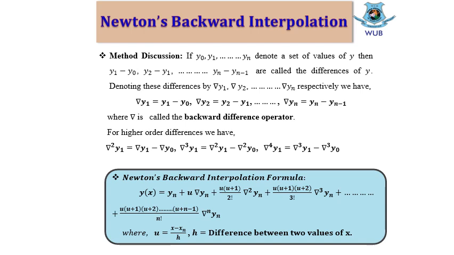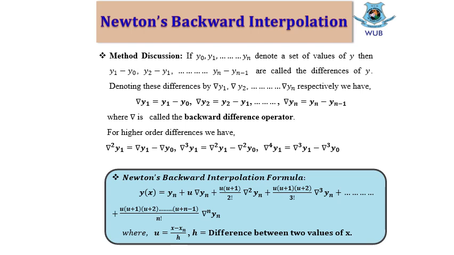Then we need to count a backward interpolation, which is similar to the forward interpolation table. And we need to count the same way, in the same method, but for backward interpolation the equation is slightly different from forward interpolation.